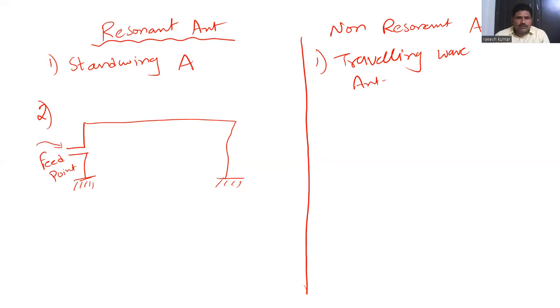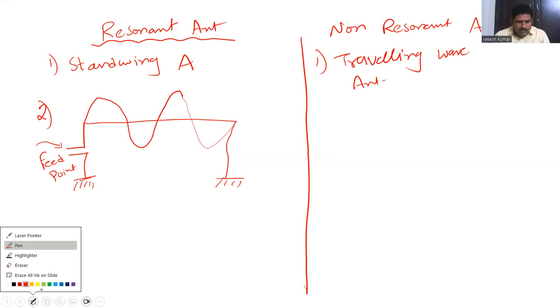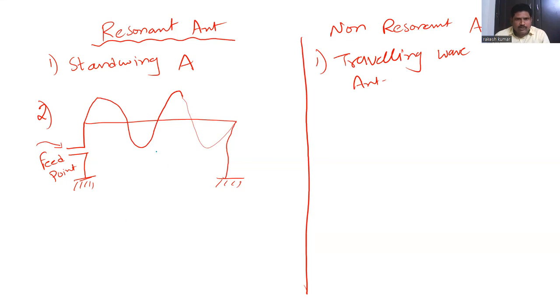Whatever input I have provided here goes like this. If there is any impedance mismatch, then automatically due to the impedance mismatch, some of the signal we have transmitted will be reflected back.